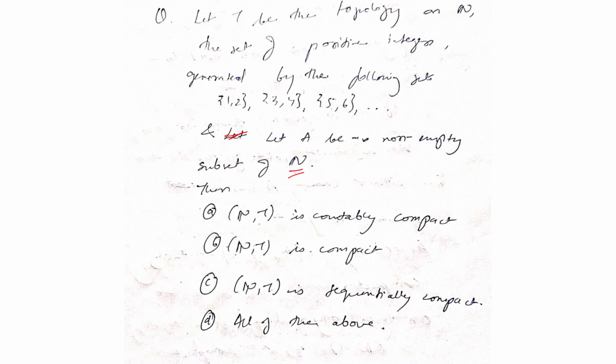Okay, let's see one by one. For compactness, what do you need? For proving that it is compact, what is the definition of compactness in topological spaces?